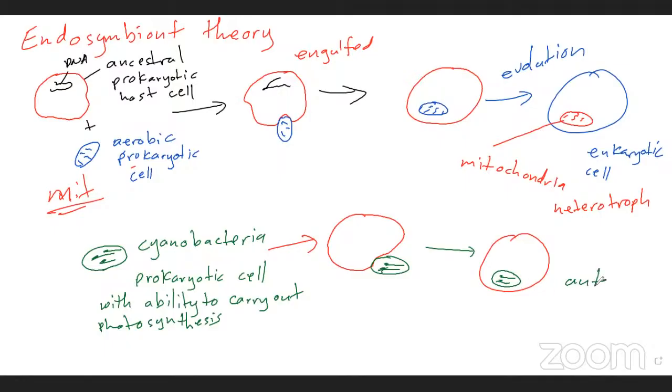Right. Give me a difference between plant cell and animal cell. A key difference, if you remember. One has chloroplast and one doesn't have chloroplast. Right. But the plant cell has mitochondria as well, right? Yes, sir. Right.